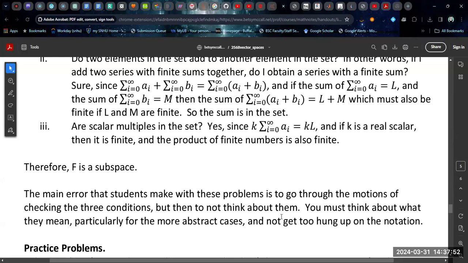We've seen some examples where they're just not true. And if you just go through the motions, you might think, oh, it's just always true, and they're not always true. So it's important to actually verify whether it is or is not true.